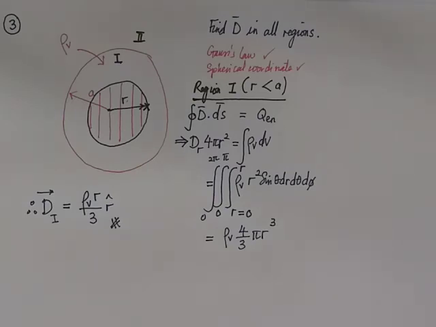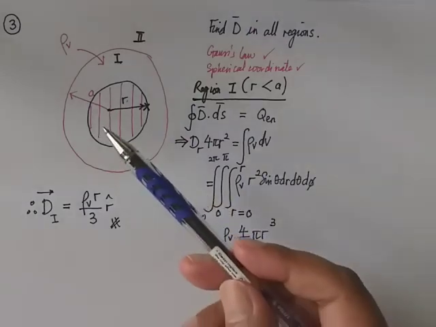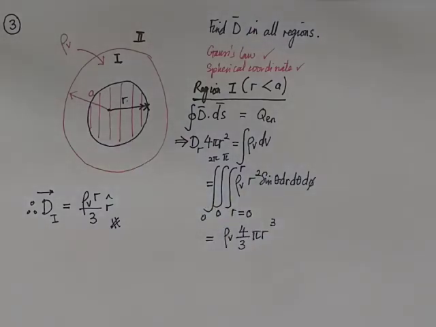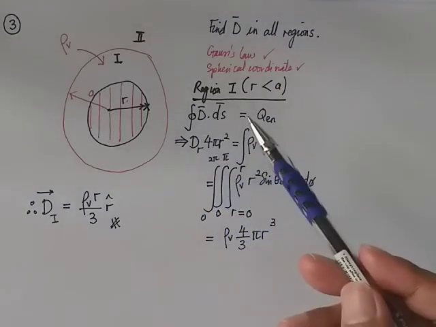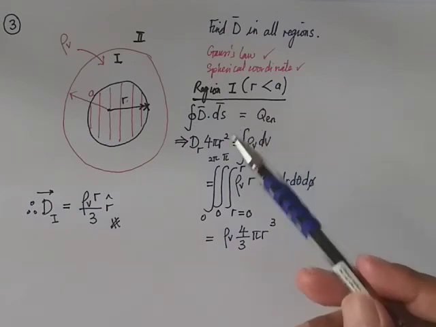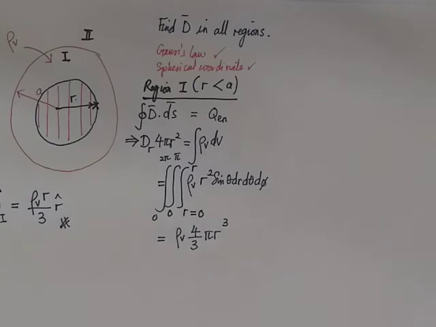You must always relate the mathematics to our diagrams. Okay, but this is only true for region number 1. We have not completed yet for region number 2. So let's continue for region number 2. You see I'm repeating now.